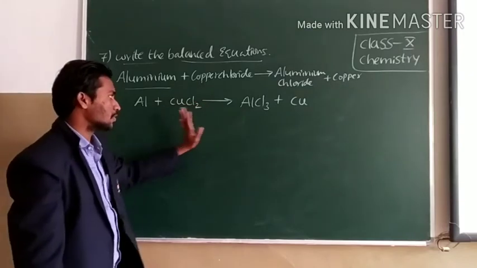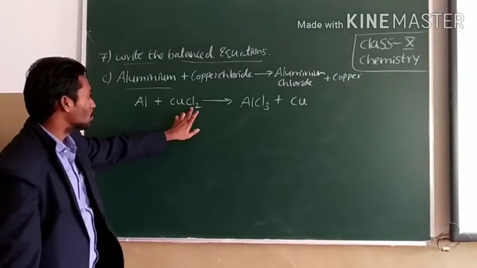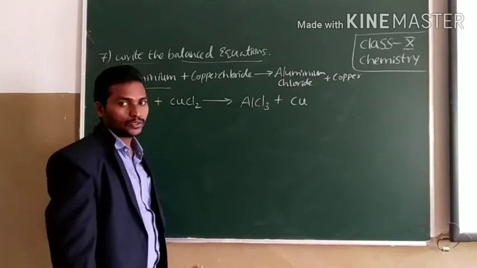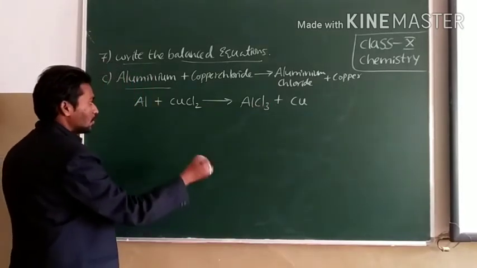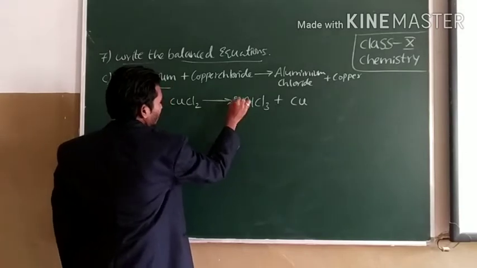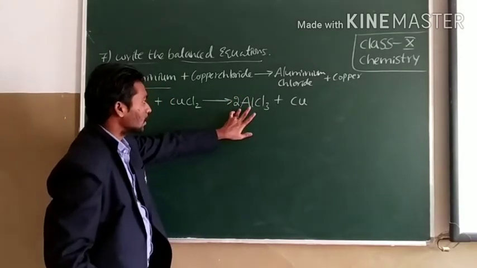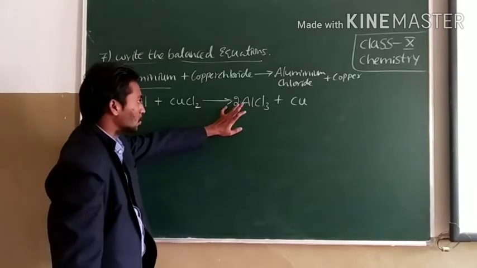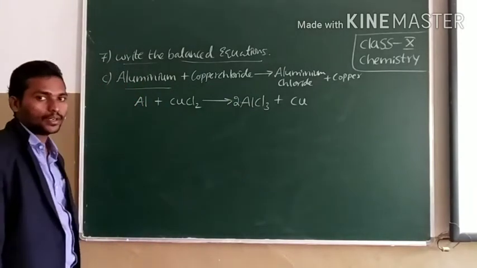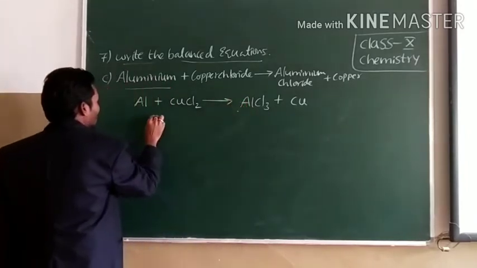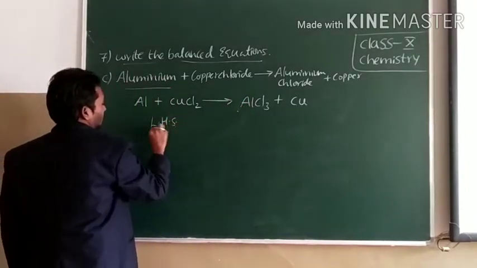Let us verify this equation. Here 2 chlorine atoms on LHS side, 3 chlorine atoms on RHS side. So it's not a balanced equation. We should balance them. First write number of atoms on LHS side and RHS side.